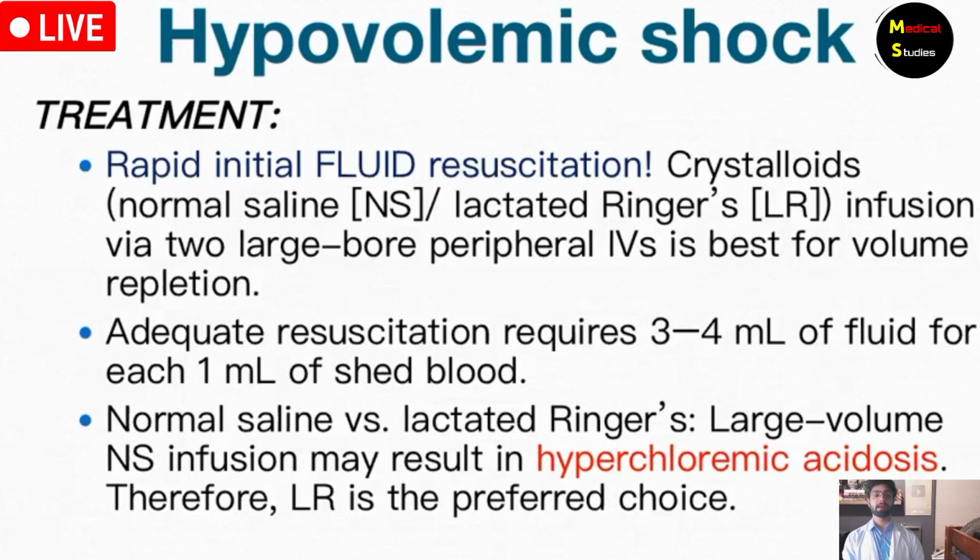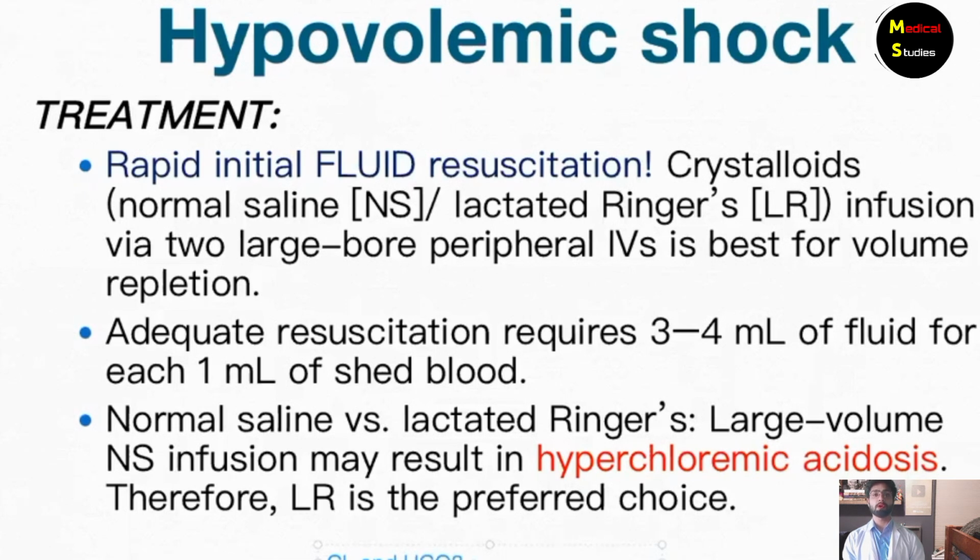Let me explain this mechanism very quickly. Chloride and bicarbonate are both anions, negatively charged ions. These anions compete with each other to maintain the concentration of ions in the fluid, and they always compete with each other. So what is the meaning here?